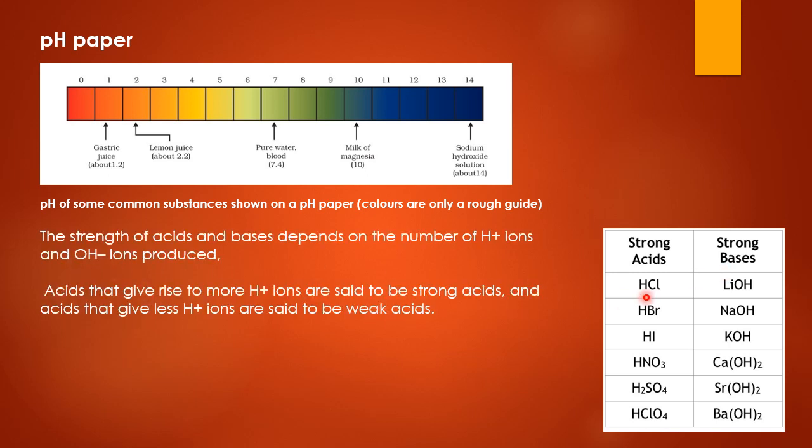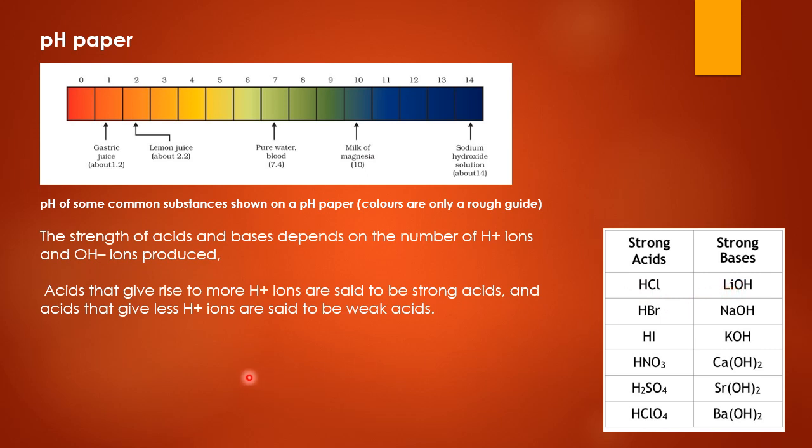So, if an acid gets completely ionized in water and gives H plus ions, it is a strong acid. And if a base gets completely ionized in water and produces OH minus ions, it is a strong base. If H plus ions and OH minus ions are more in number in the solution, it is a strong acid or strong base.